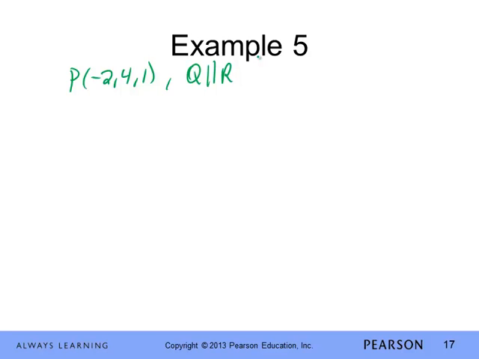So we want Q to be parallel with R, and R is given by 3x minus 2y plus z is equal to 4.